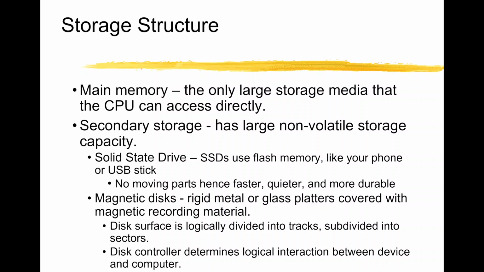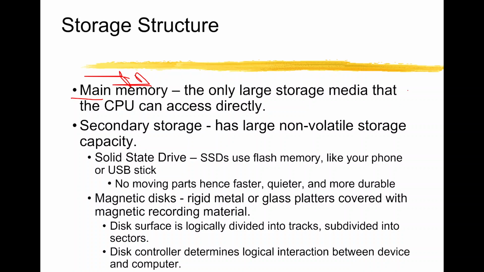We'll be looking at the storage structure of the computer system. Now, as I said earlier, the computer system has memory that has to store information. One of them is the main memory, typically called the RAM.